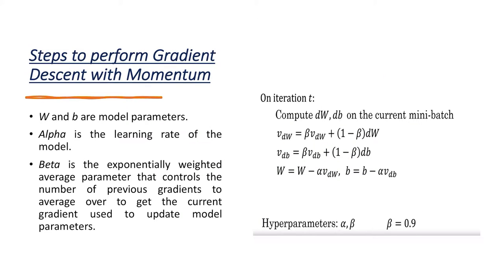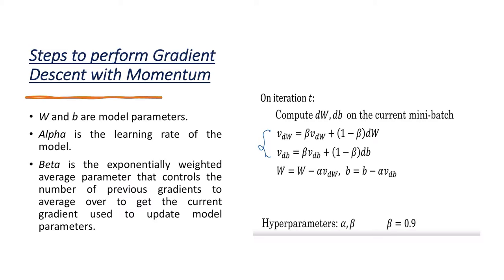So what are the steps to perform gradient descent with momentum? As we discussed on the previous slide, to decide which direction one should move, we are not just using the gradient calculated from the current mini batch, but we are also using the average of the previous gradients and using that average gradient to update our model parameters, or decide which step one should take on that contour plot.